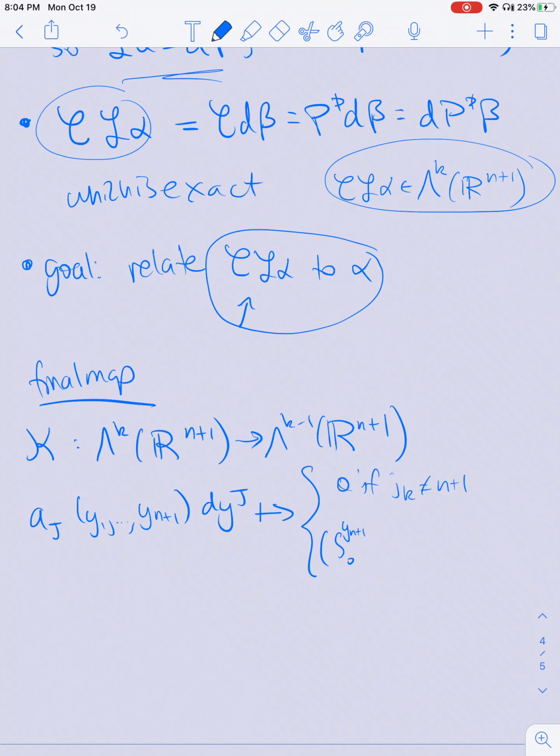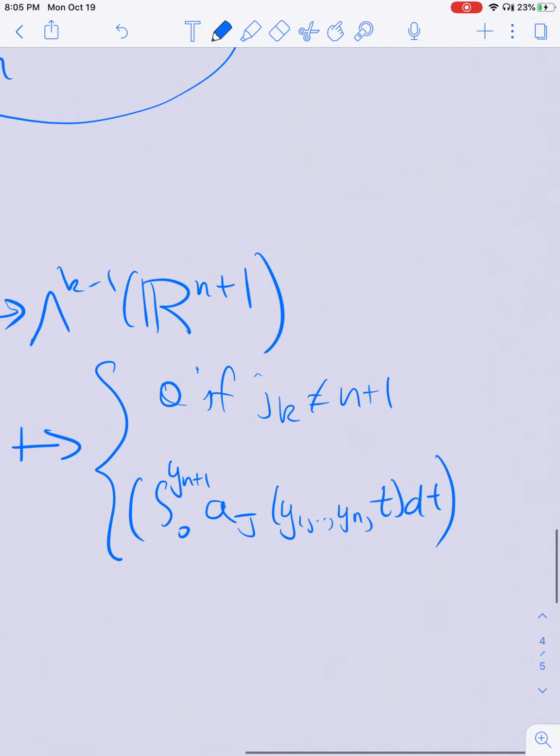a sub J, applied to y1 through yn, t, dt. And that is going to be the coefficient of dyJ1 wedge all the way out to dyJ_{k-1}.